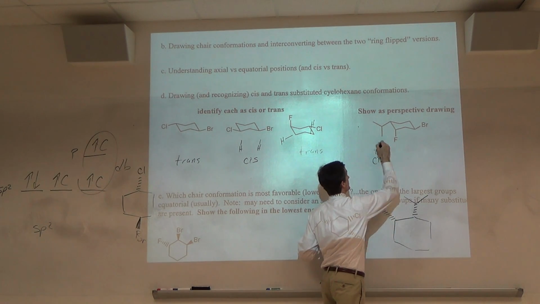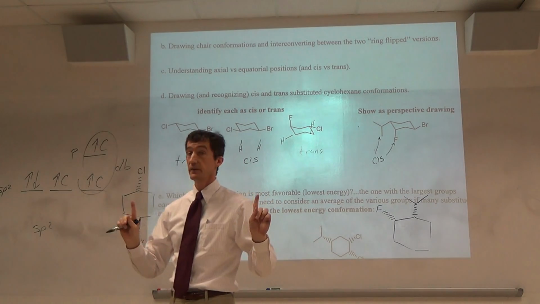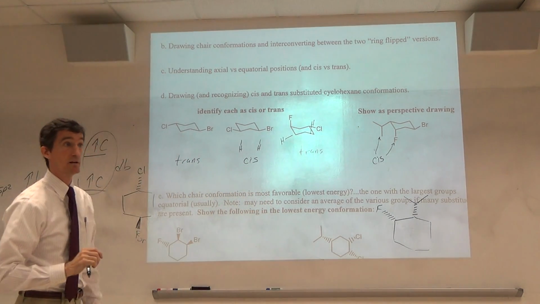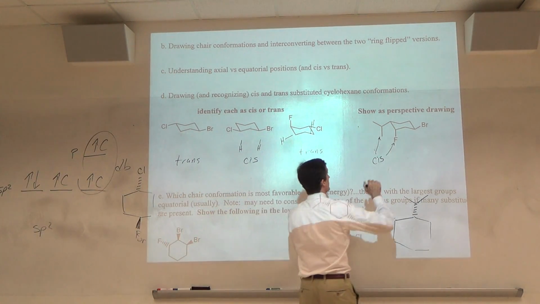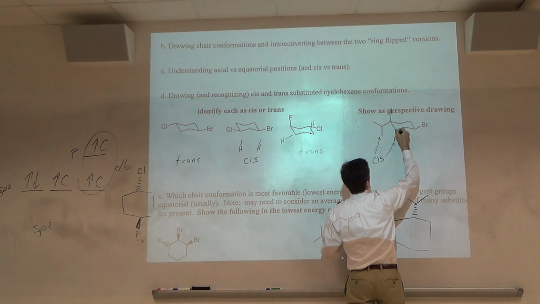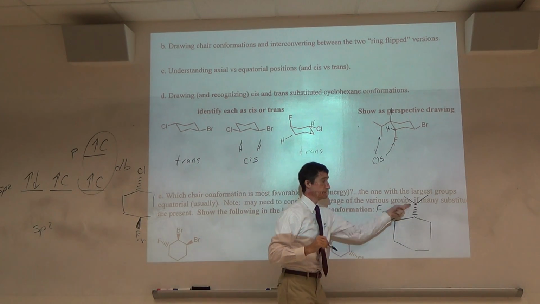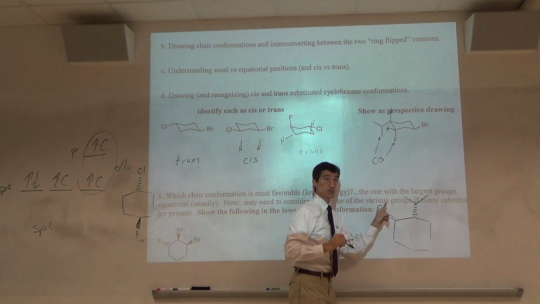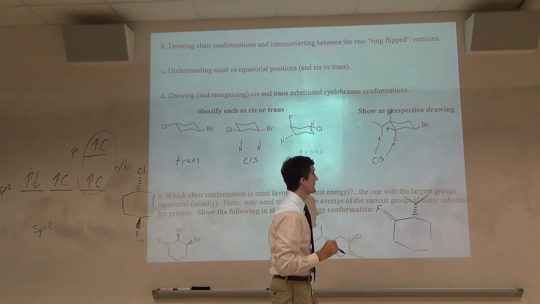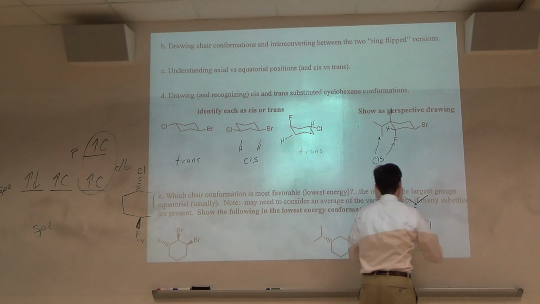Because they're cis. Everybody understand why they're cis? See how they're both down compared to the H's? If we drew the H's there, there's one like that. This H is like that. So I drew them cis, meaning both dash in the perspective. See, they're both down.